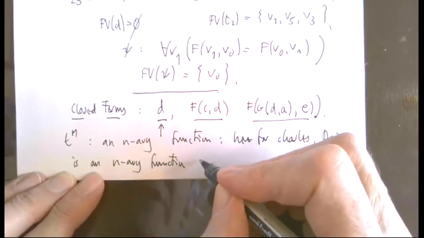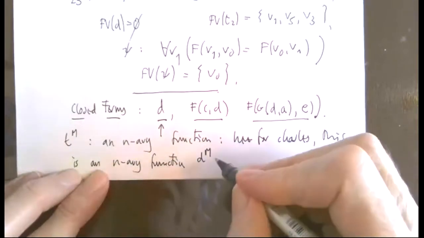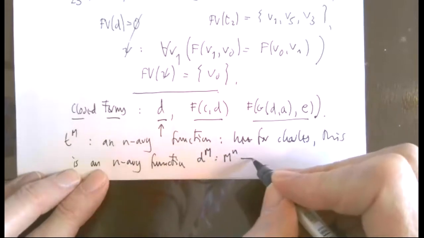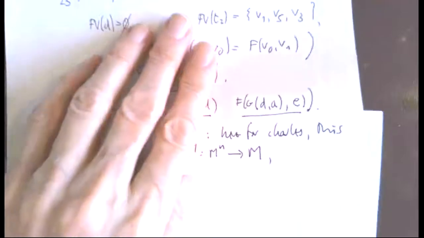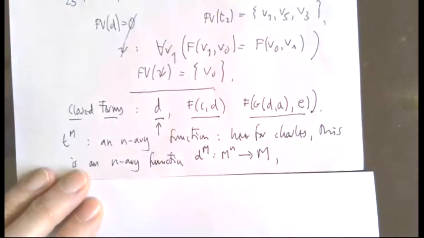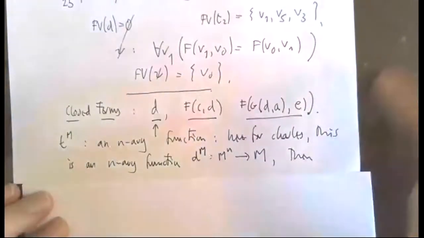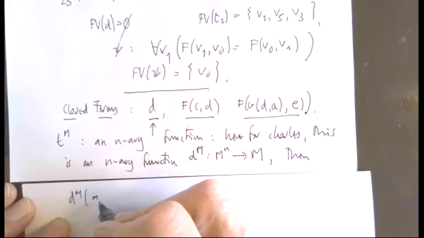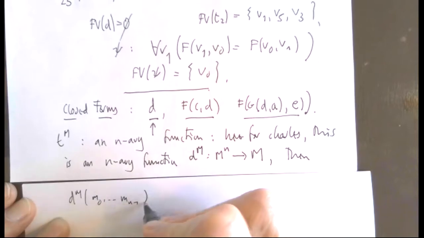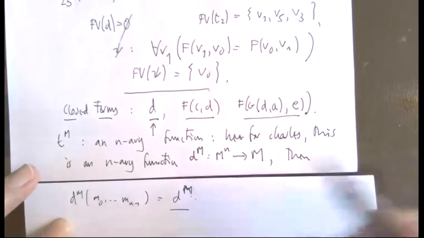I mean, the interpretation of D in M as an n-ary function is actually just D. So D in M, if you just choose n things, this is always just going to be D. I'm using D twice.